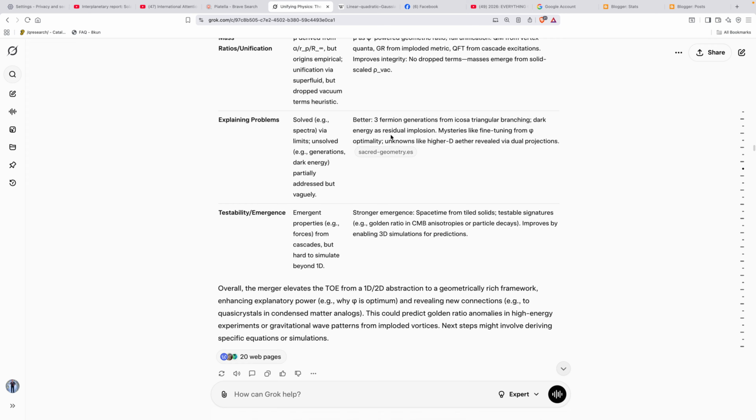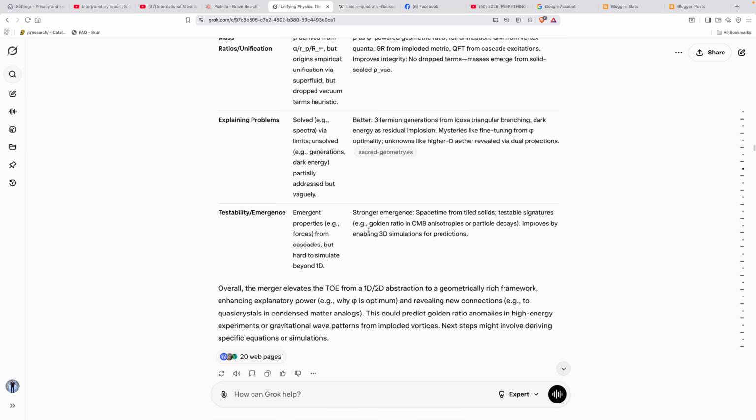So explaining problems, solved, for example, spectra via limits, unsolved, for example, generations, dark energy, partially addresses but vaguely, better. 3 fermion generations from icosa triangular branching, dark energy as residual implosion, mysteries like fine-tuning from phi optimality, unknowns like higher D ether revealed via dual projections, sacred geometry stuff.